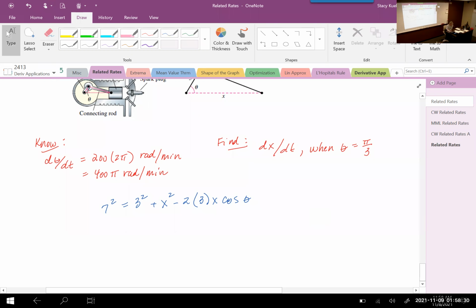So let's simplify this. 7 squared is 49, and I'm going to subtract 3 squared, which is 9. So I end up with 40 is equal to x squared minus 6x cosine theta.